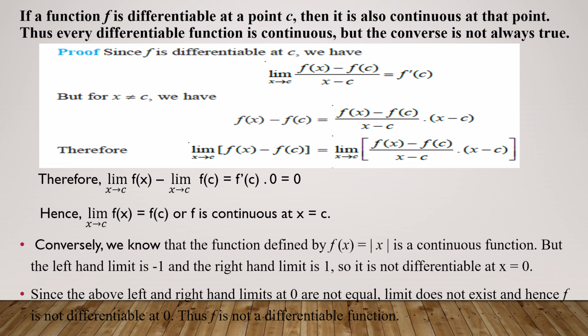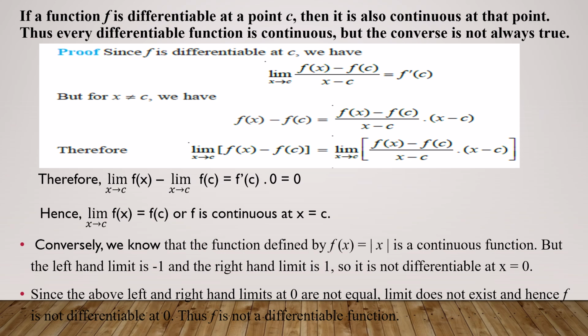And on the right hand side, the first portion, limit x tends to c f(x) minus f(c) upon x minus c, is nothing but f dash of c, into limit x tends to c of x minus c. In that, when you put x as c, you get 0. So the right hand side is f dash of c into 0, which is 0. So ultimately what we have obtained is limit x tends to c f(x) is equal to limit x tends to c f(c), which is constant. So it is f(c) only.